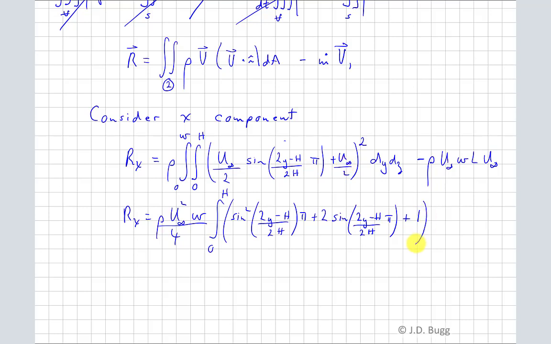So that whole thing times dy, and then can't forget our inlet term here, minus rho w u infinity squared, and then the L I'm going to substitute in h over 2.